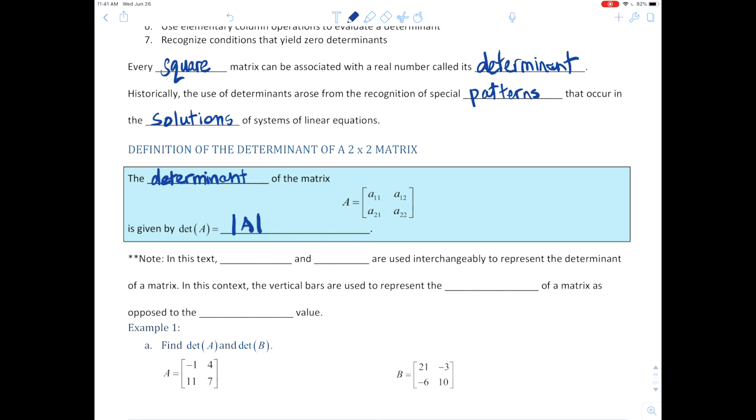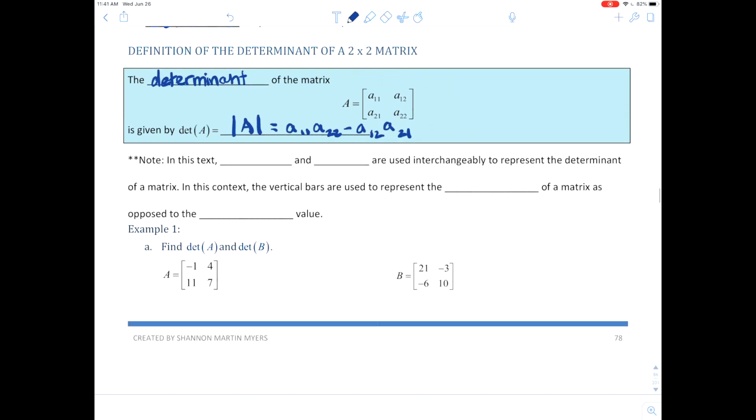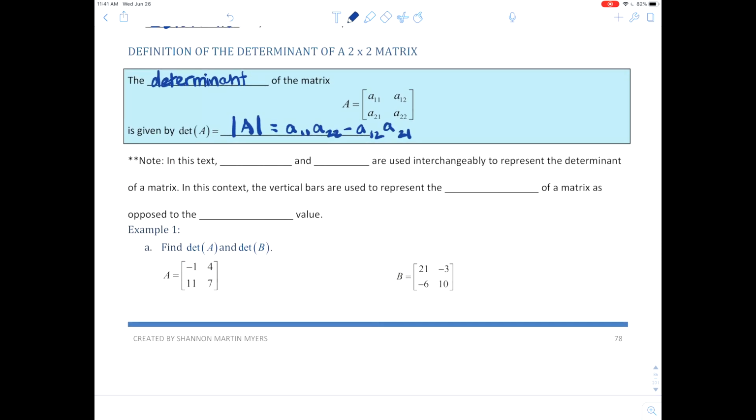But when you have a matrix in there, it means the determinant of that matrix. And it ends up being equal to a11 times a22 minus a12 times a21. Groovy?